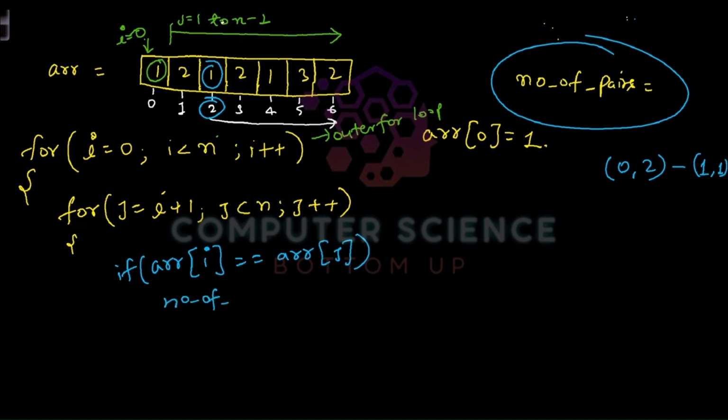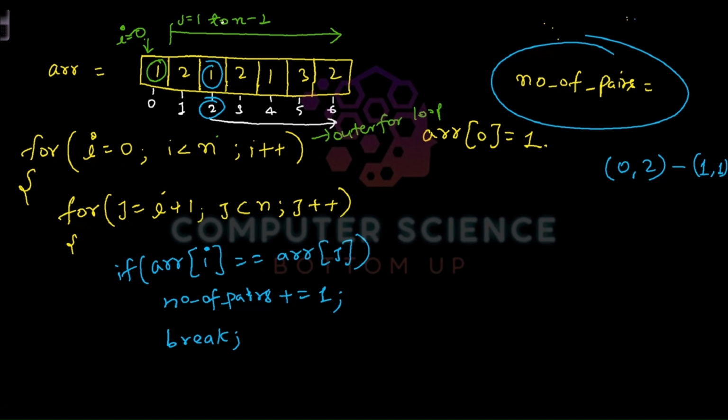Number of pairs plus equal to 1. And I should break from the loop, which means now I should move to the second value of i. I should not look for another match for this i value, because I have already got a match.